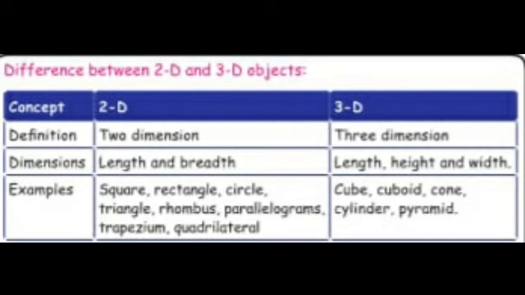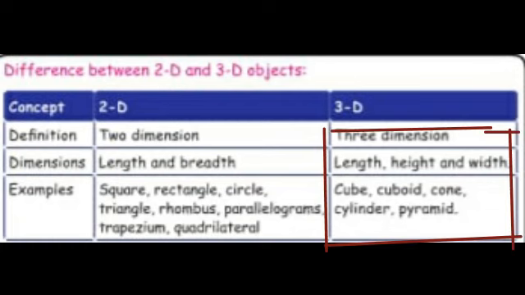Now what are 3D figures? 3D means 3-dimensional. In the name itself it is there. A 3-dimensional figure has length, breadth as well as height. Instead of breadth we can say width. So length, height and width.